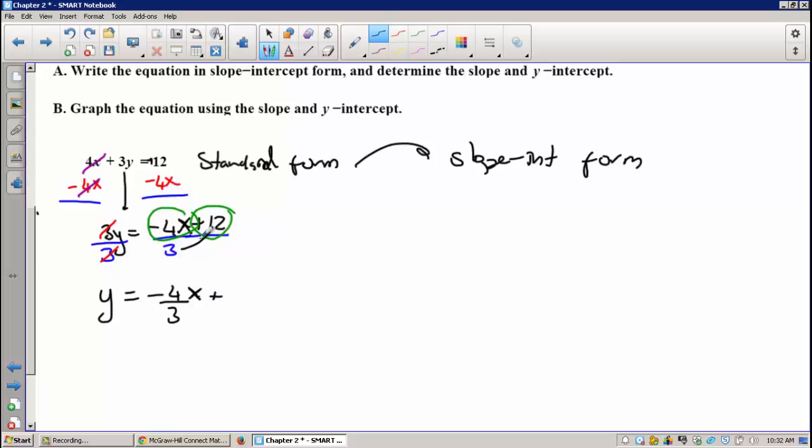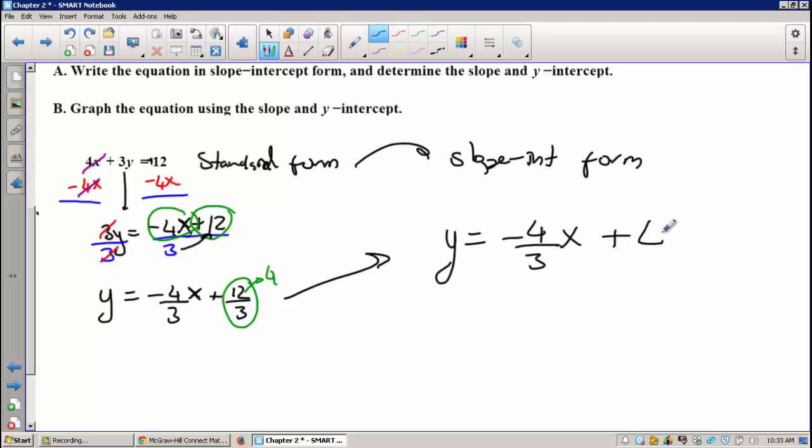How about 12 over 3? Isn't 12 over 3 a whole number? It's reduced to 4. So that's it. The slope intercept form you're looking for is negative 4/3 x plus 4. Right?